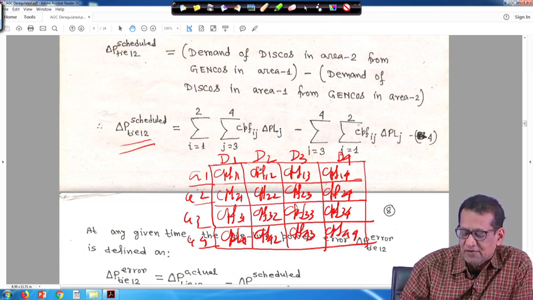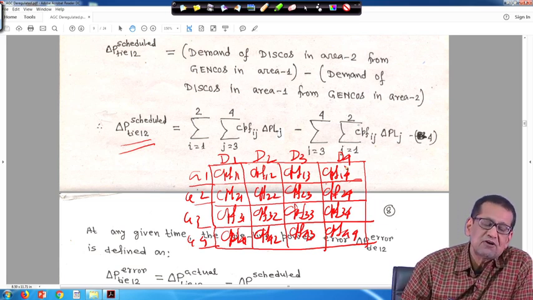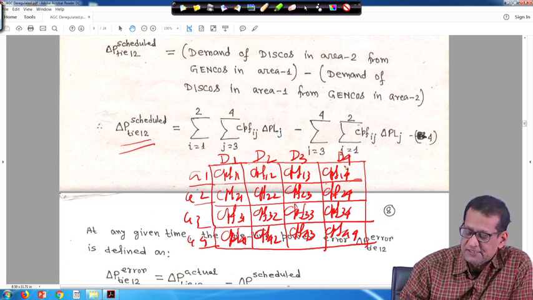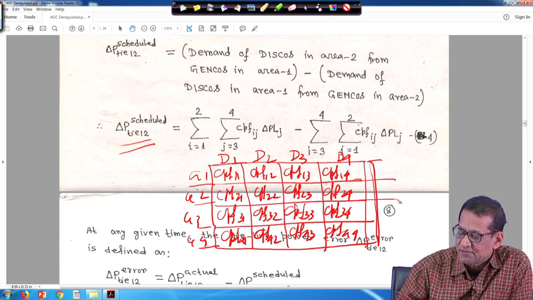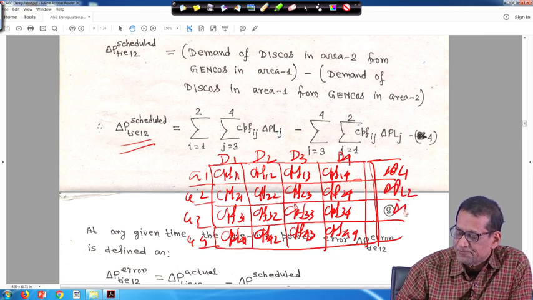If you look into this equation, distribution companies D1 and D2 are in area 1 and gencos G1, G2 are in area 1, and distribution companies D3 and D4 are in area 2, and power is being drawn from area 1 to area 2 by these distribution companies. This is an easy way to understand delta PL3 and delta PL4.